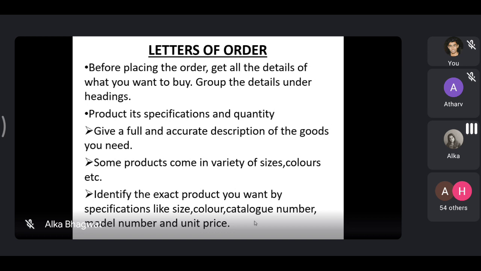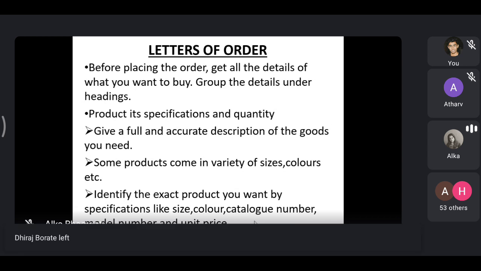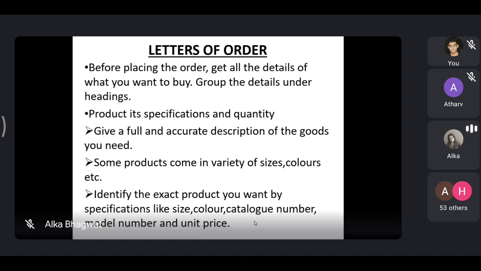So for example, if I ask you to write a letter of order for your exam, say I give you an exam question that you are an executive chef and you have to order groceries and bakery items from XYZ store. Now, how will you do that?